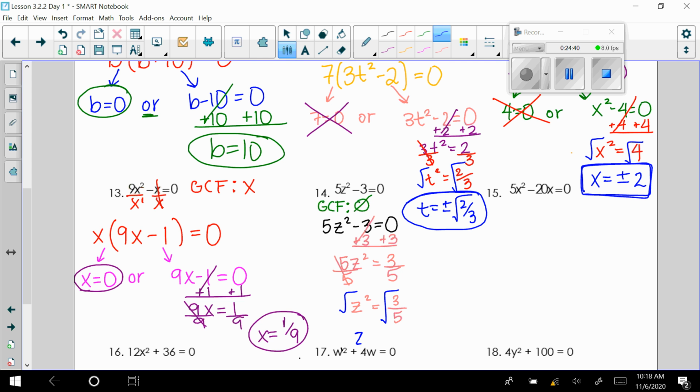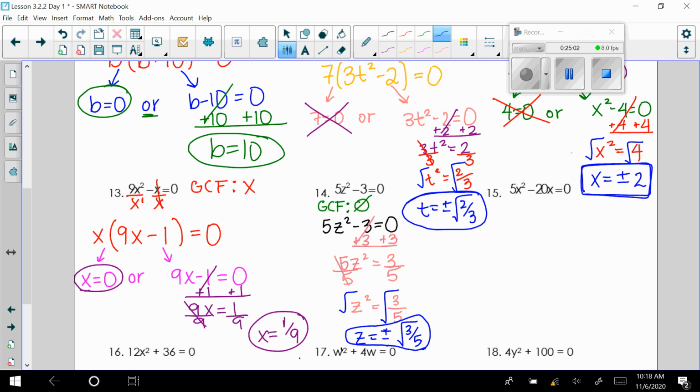And remember, when you square root, you need to include plus or minus. So plus or minus the square root of 3/5. So a lot of times you'll just leave those as fractions if you get a decimal when you try to divide them. Once again, though, we get the 2 answers just like what we did for the problem above.